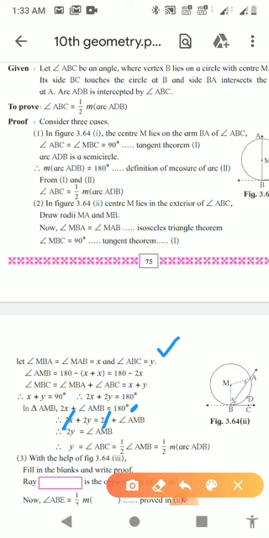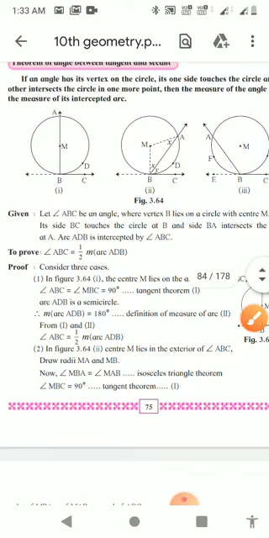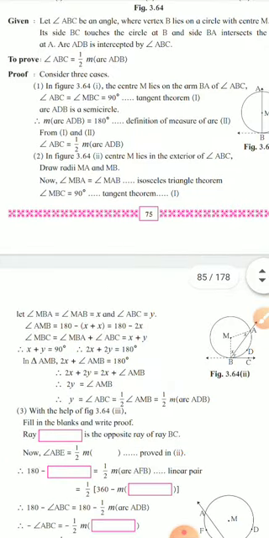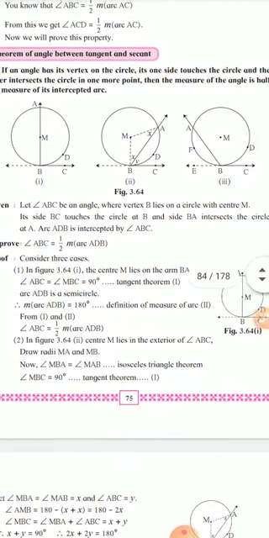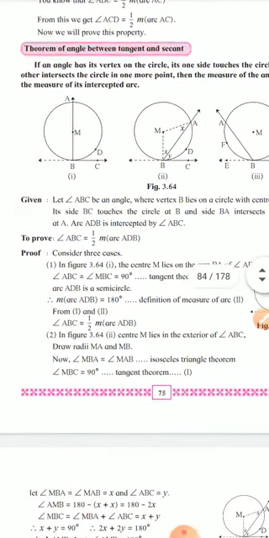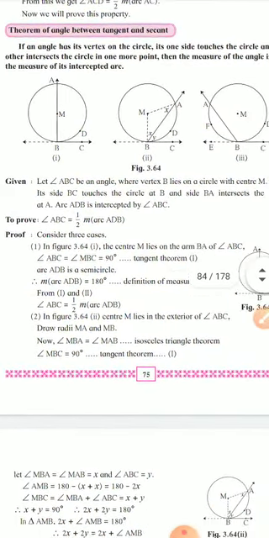And in this diagram, angle AMB is nothing but the arc ADB, so angle ABC equals half of the measure of arc ADB. In this way you can also prove the theorem that the measure of the angle is half the measure of its intercepted arc.